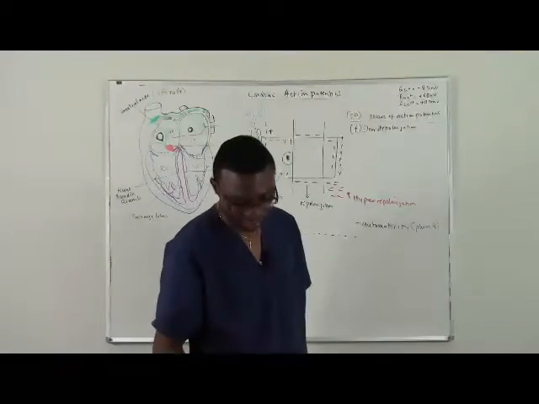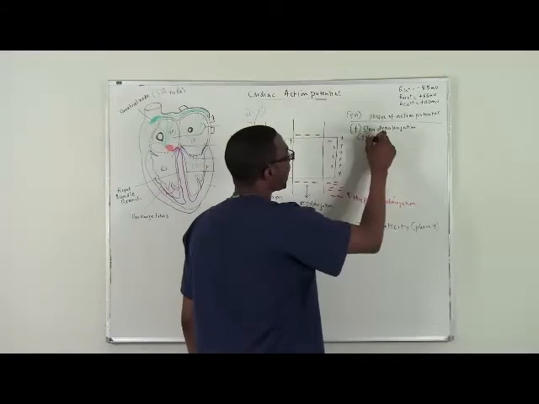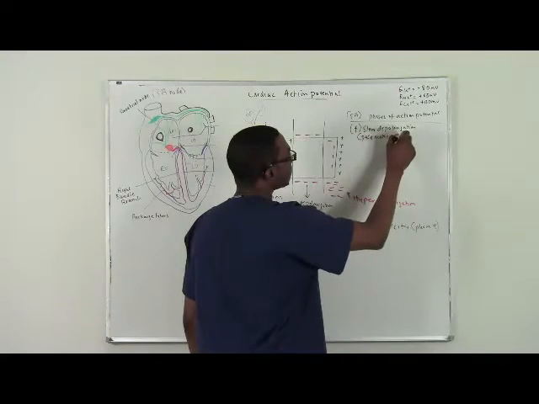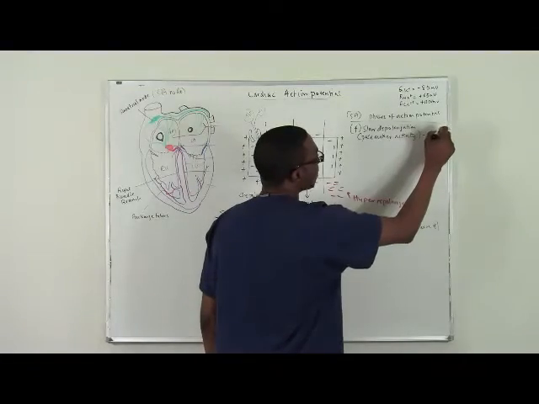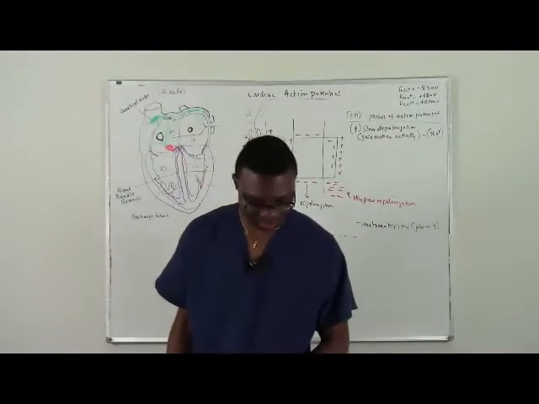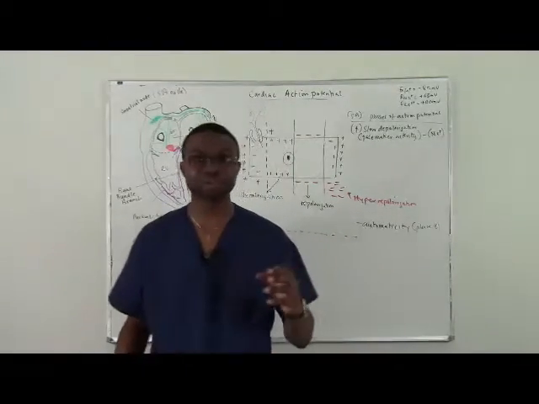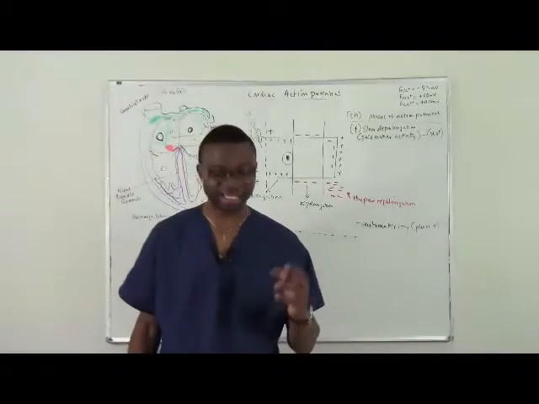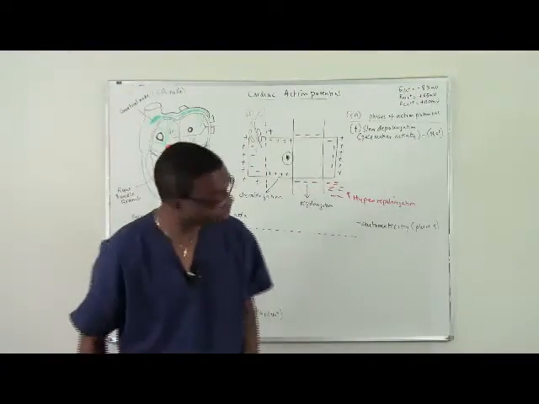And this phase 4 is what accounts for pacemaker activity, which uses sodium ions, right? So an increase in sodium ions causes the influx of sodium current inside the cell.